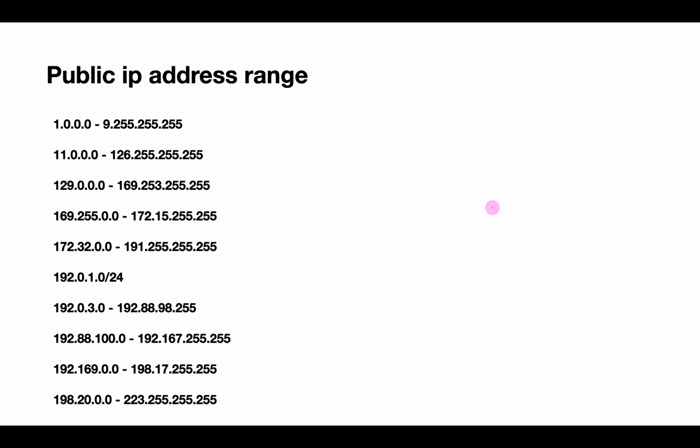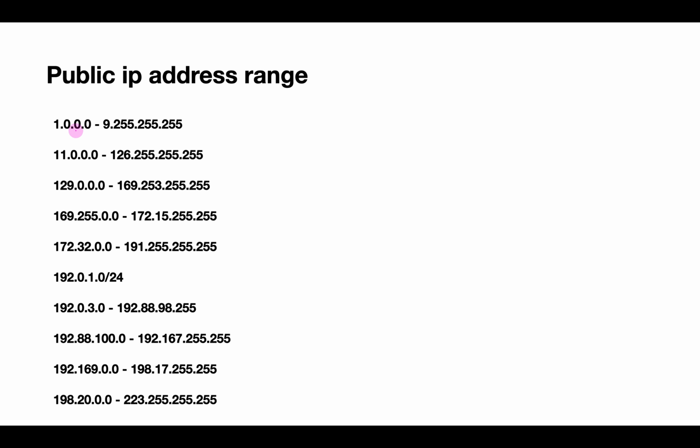Now let's see the public IP address. It starts from 1. Have you noticed that 0.0.0.0 is entirely ignored because it's not usable? So that's why the usable IP starts from 1.